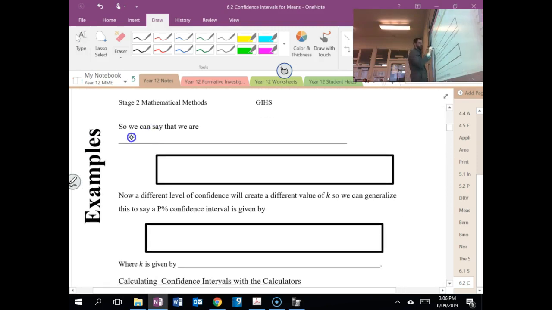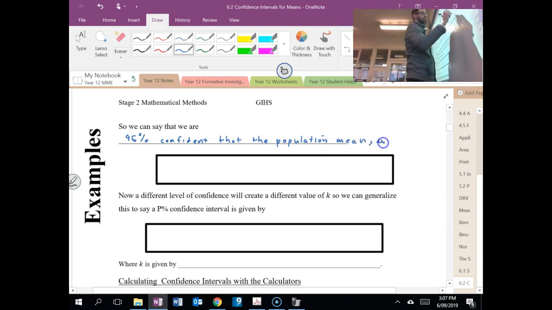But we can say that we are 95% confident that the population mean mu is in the following interval.